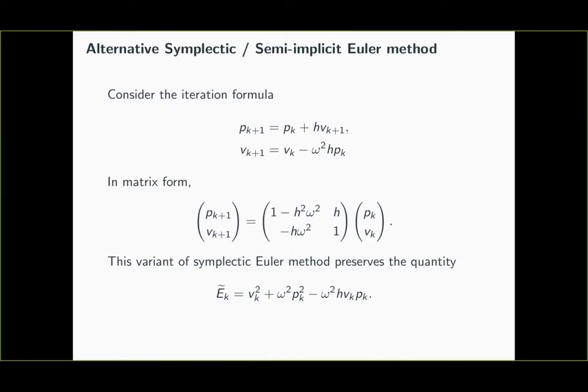In this variant here, the last term has a negative sign, whereas in the previous symplectic Euler method, the last term had a positive sign. Except for such details, in terms of any practical question, the two methods are pretty much equivalent. They will behave differently and produce different approximations, but the overall behavior is completely the same for both of them.